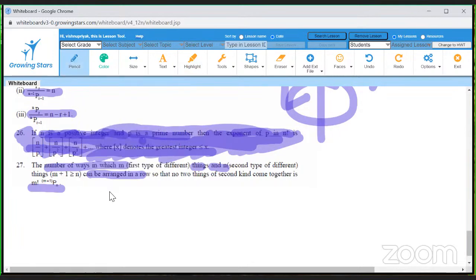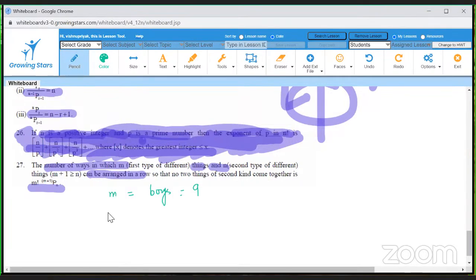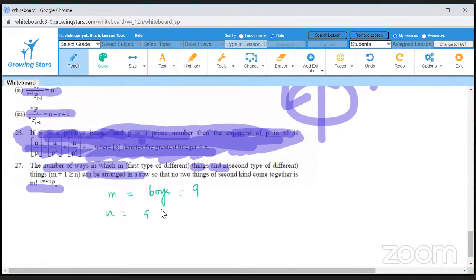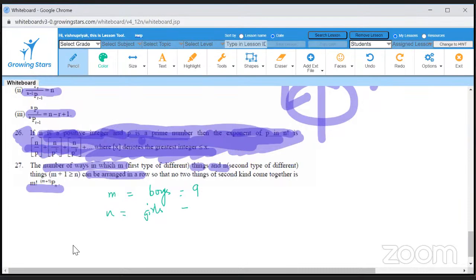Suppose there are m things of one kind. That means boys. There are 9 boys. Suppose there are n things of another kind. That means there are girls, and I will take n as 7.